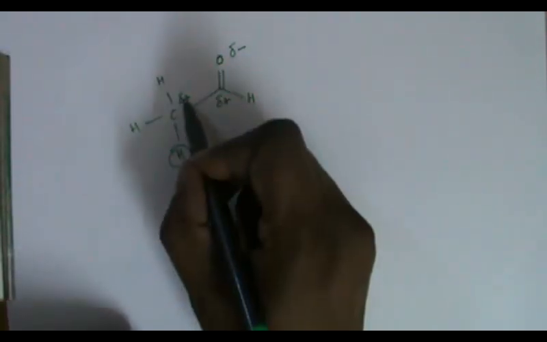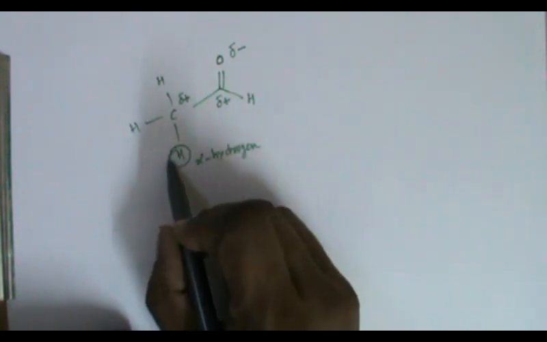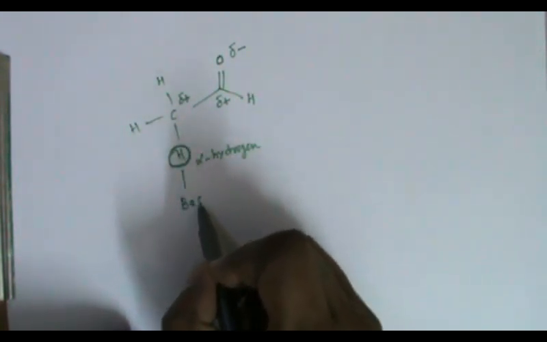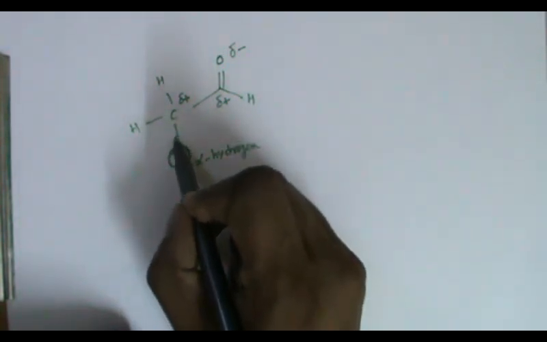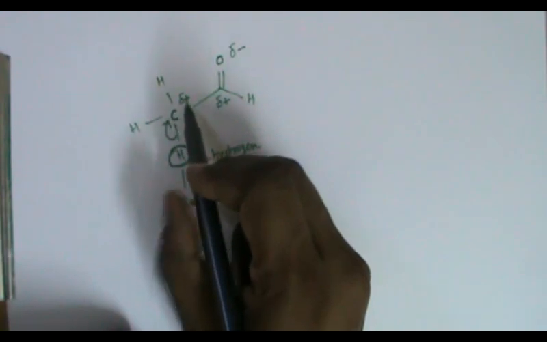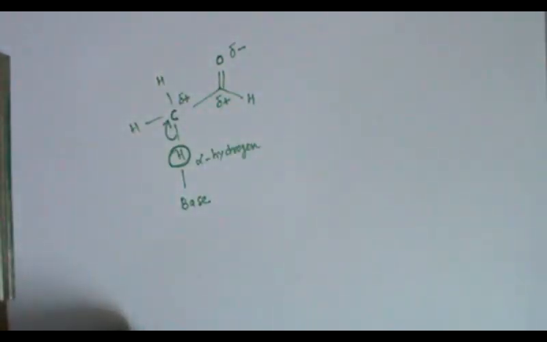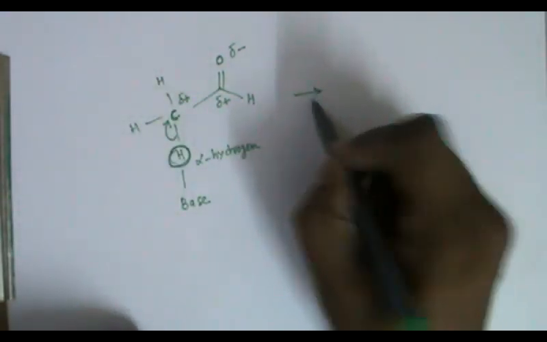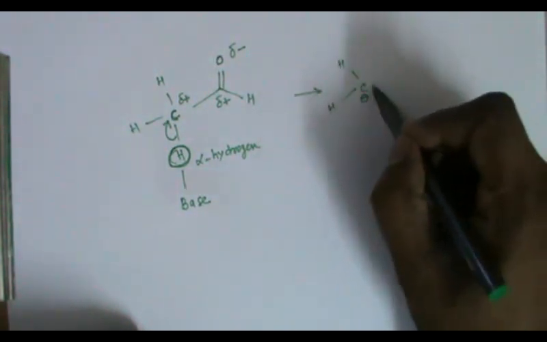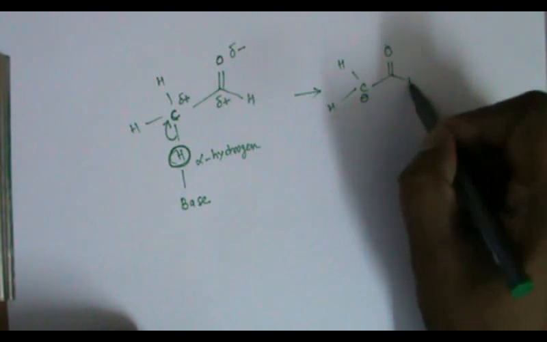Now, since there is del plus, this hydrogen can be easily removed by a base, so that this bond pair will fall on carbon to fulfill the charge. So what we get is C minus, like this.